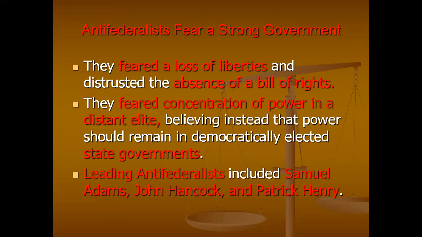They feared the concentration of power because, hey, we just got rid of a centralized government, Parliament, the king. Do we really want to go back to a system of government that has such centralized power over us again? So they are thinking, yeah, we can be a collection of united states, but our states have the official and final word over things that affect the people who live in the states. That's what they wanted.